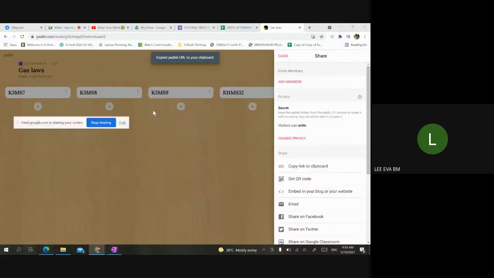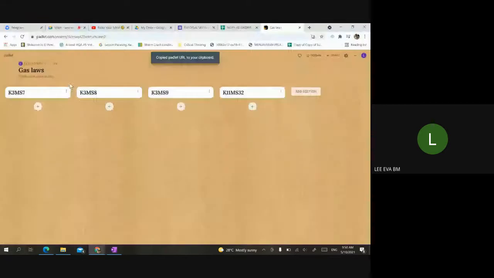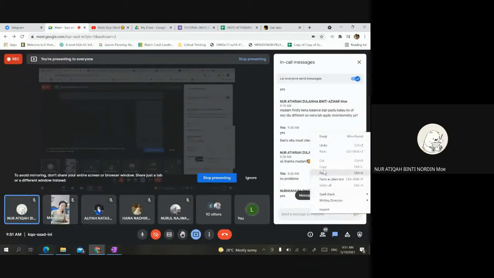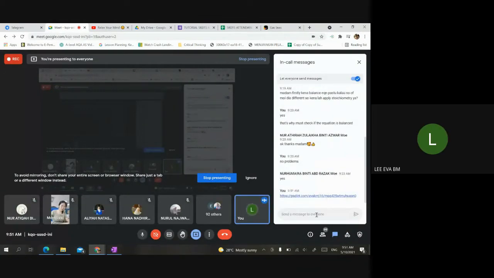Okay, so for the Padlet, I think you have used it before, isn't it? Pernah guna tak? Pernah. Okay, so Madam nak try whether it works or not. Madam first time use it. I paste it into the chat box over there.